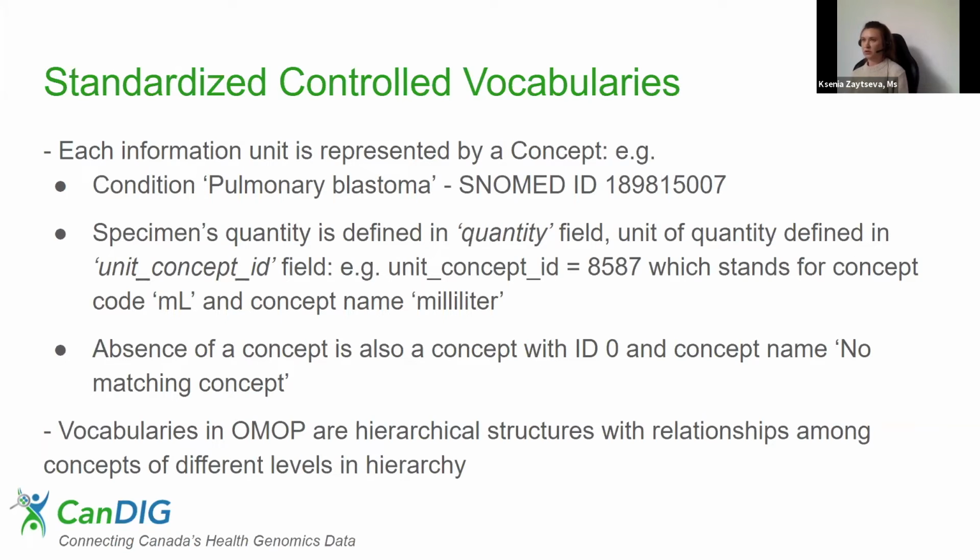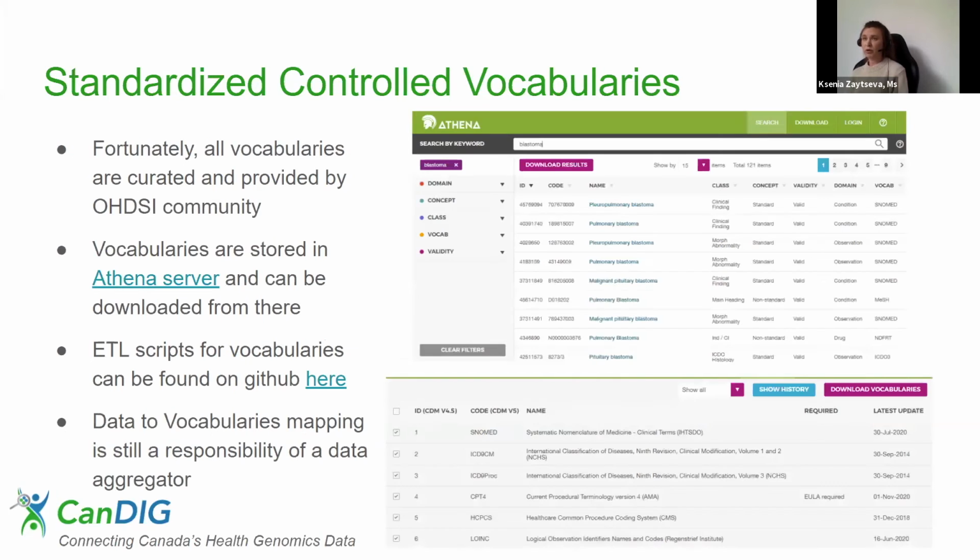I will continue a little more in detail about control vocabularies. Fortunately for us, all vocabularies are already curated and provided by the ODC community. For this, they have a server where they store vocabularies. The user needs to be logged in to select the vocabularies and download them for further usage. They provide, I think, 2 or 3 builds of vocabularies that follow the specific OMOP model. The latest OMOP model is version 6.